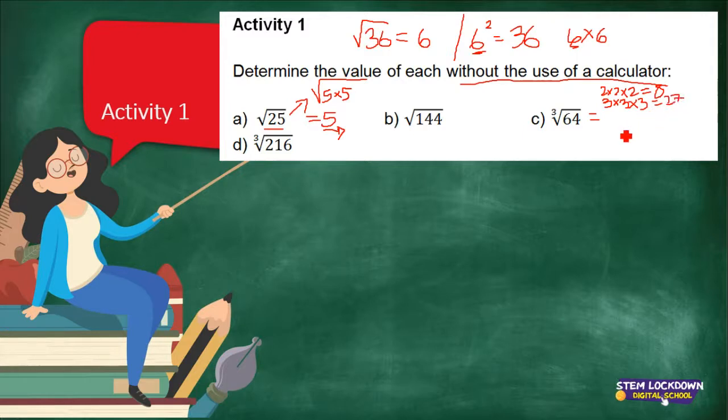Okay, let me try 4. 4 multiplied by 4 multiplied by 4. I'm doing this 3 times because I'm looking at cube roots. So 4 times 4 times 4, the answer is 64. You can just use a calculator to verify that.